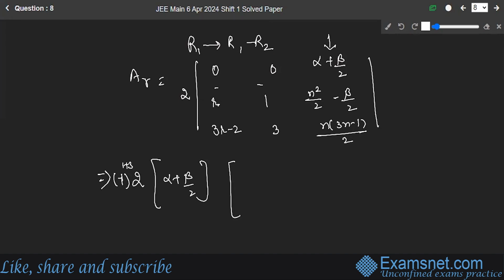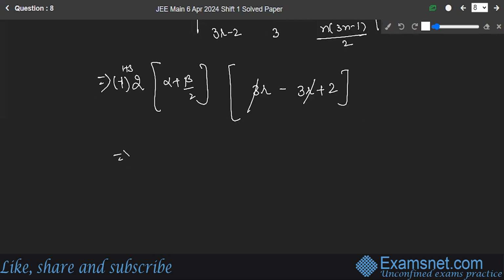So this will give me 3r minus 3r plus 2. So this is equal to 2 into alpha plus beta upon 2 into 2.